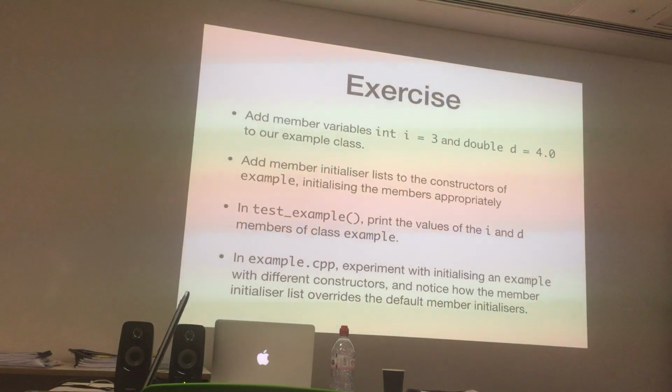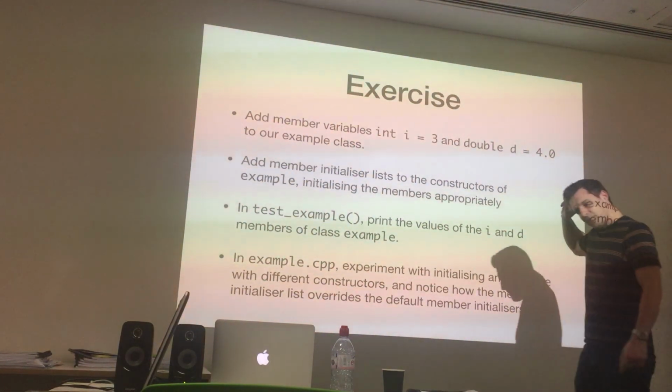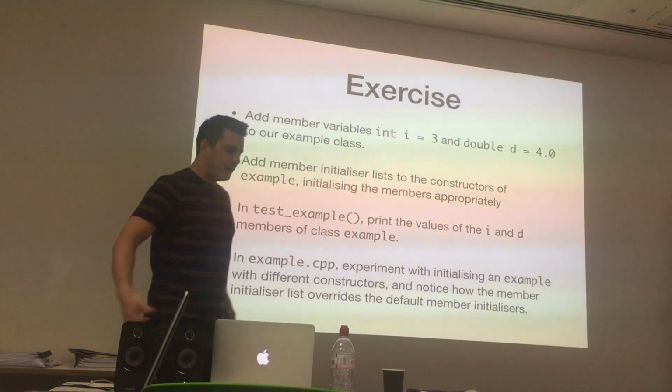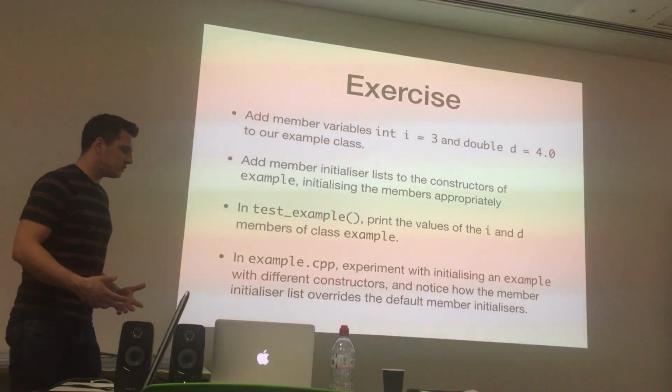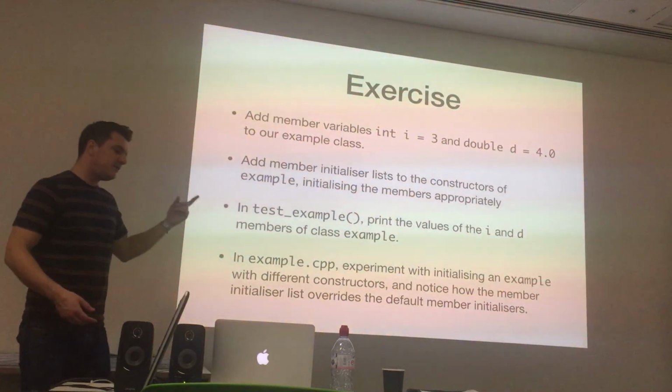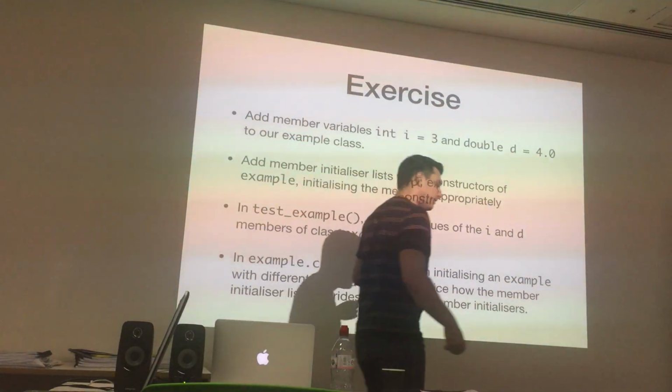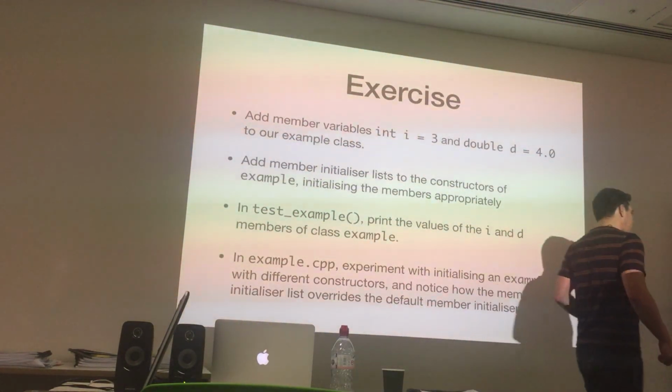Actually, one thing I didn't ask, because we've got 2 minutes. We get a default constructor if we don't declare any of our own constructors. If we do declare our own constructors, we can still request that the compiler generate one for us.